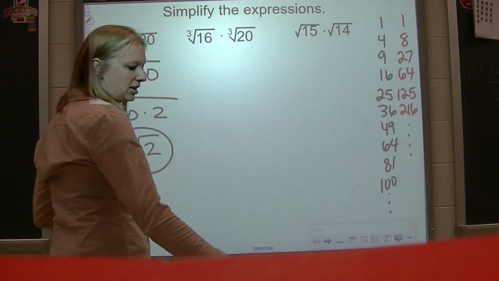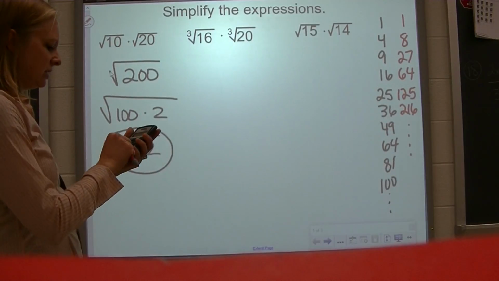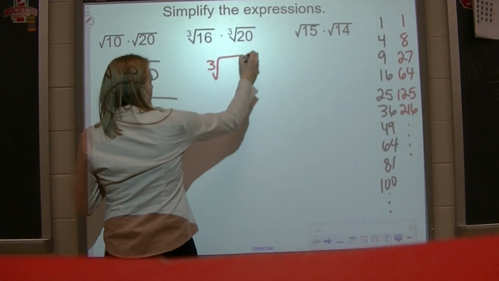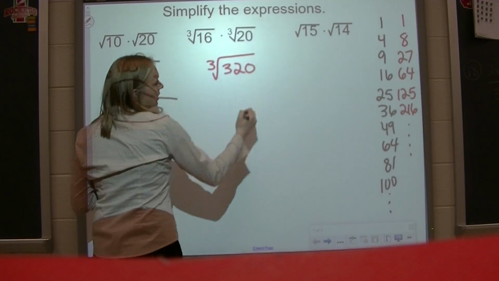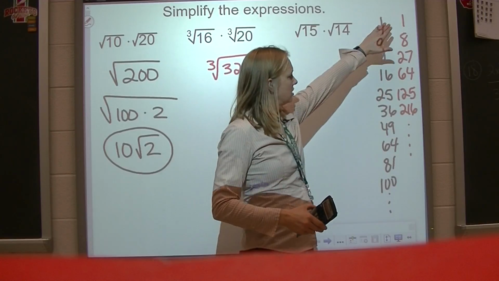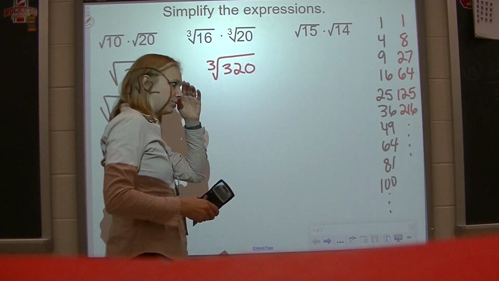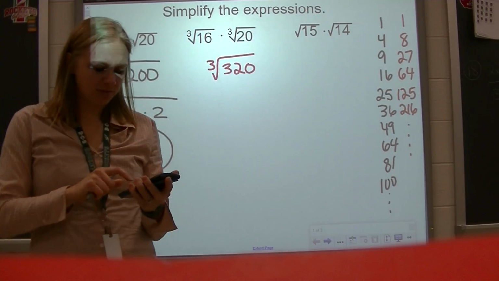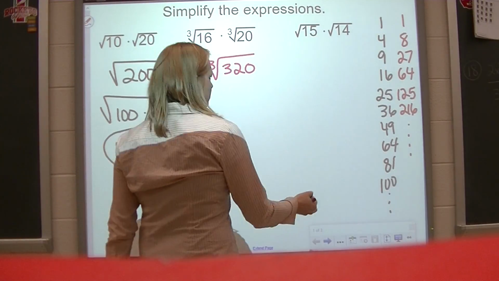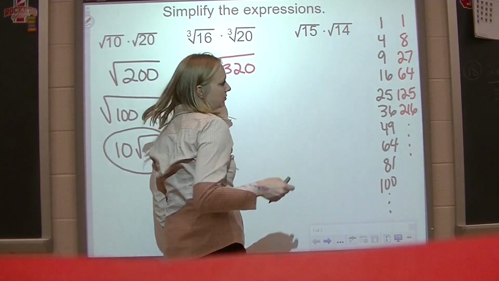Same rule applies here. You want to do 16 times 20, and that's the cube root of 320. And then we need to find the largest perfect cube that can go into 320. So the first thing I'm going to do, I'm going to take 320 divided by 2, and it's 160. So I know 216 definitely doesn't go into 320.